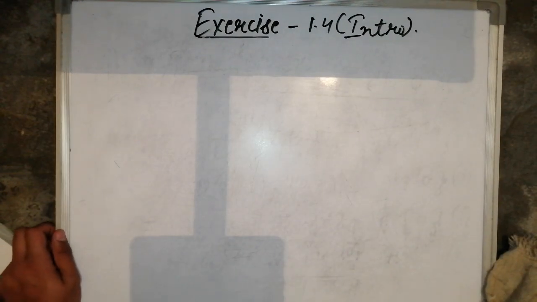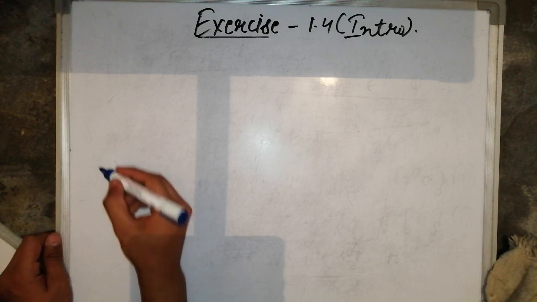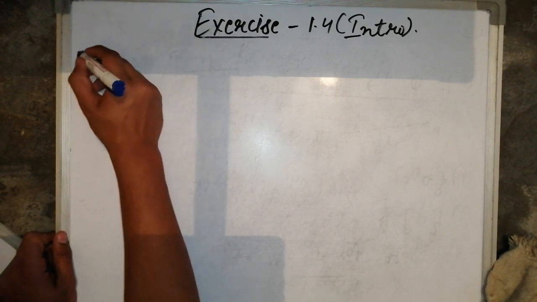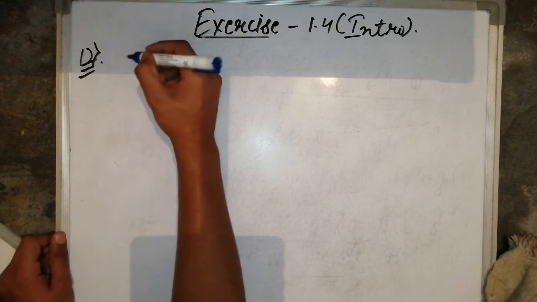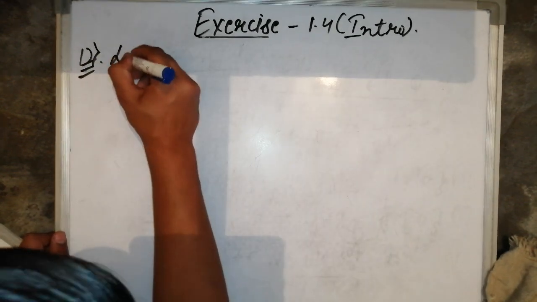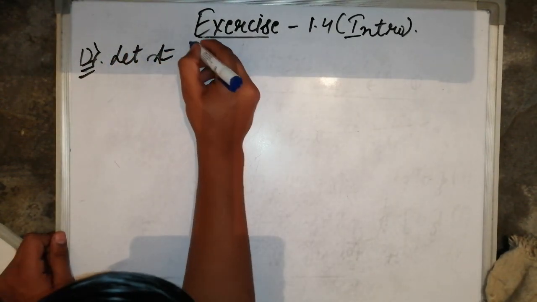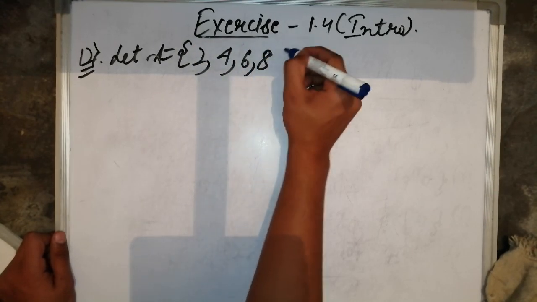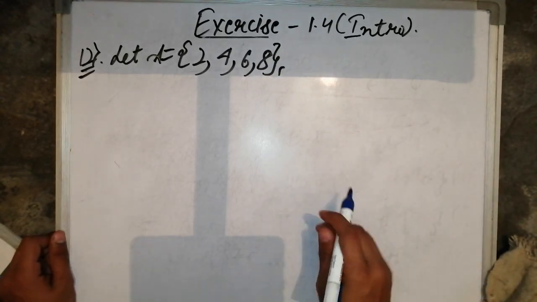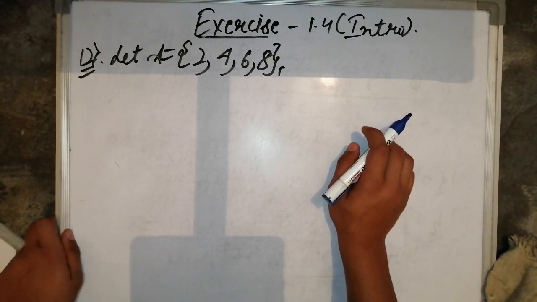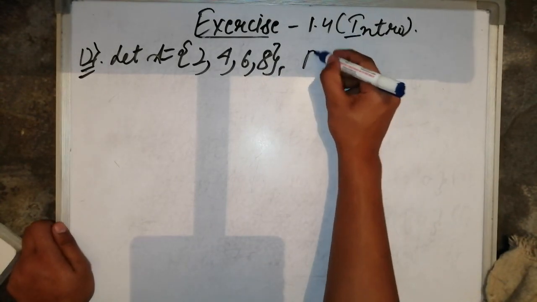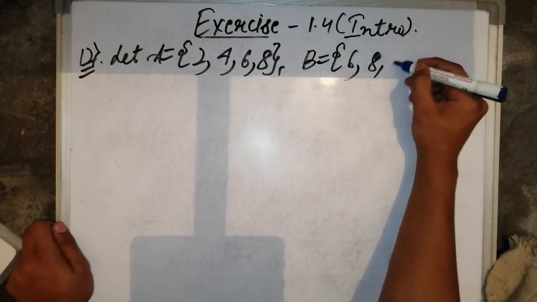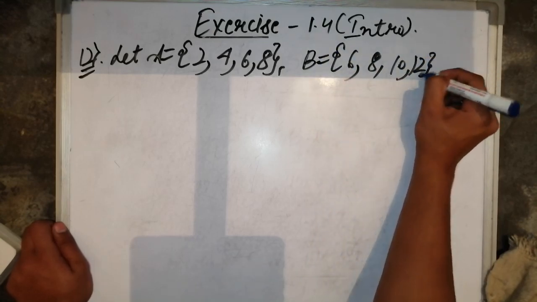Now let's talk about some questions regarding union of sets. Let's take example number 12. Let A is equal to 2, 4, 6, 8. B is equal to 6, 8, 10, 12.